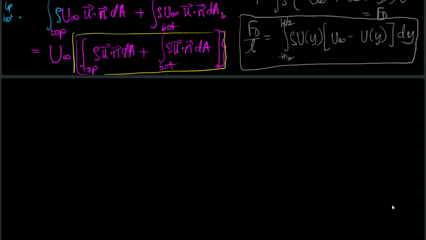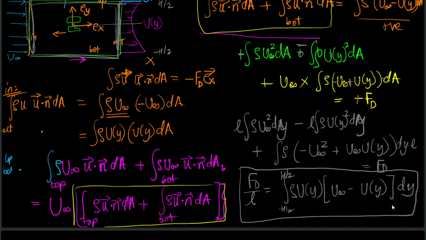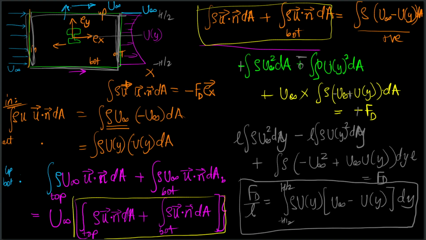Any doubt in this so far? Sir, could you please slide up? So here, rho vector u times vector u dot n dA is equal to minus fd ex.